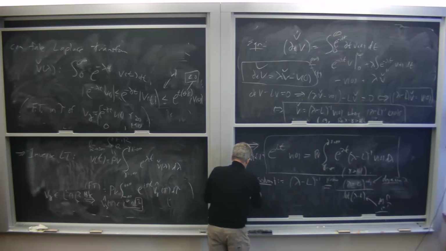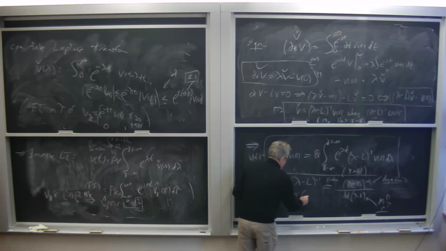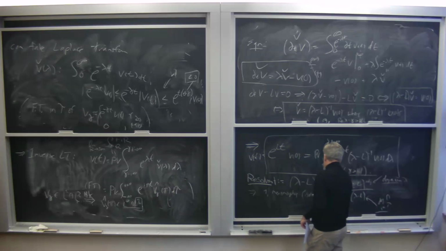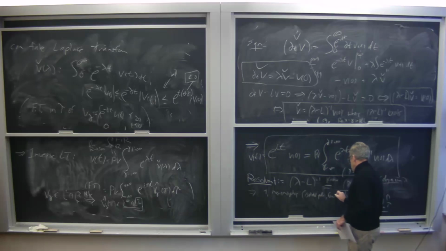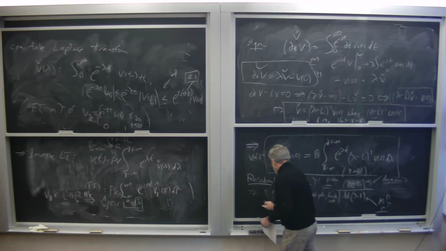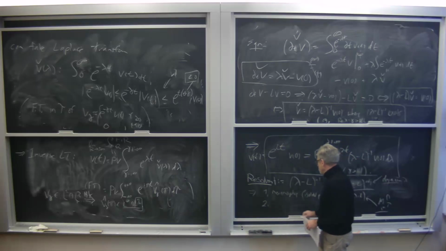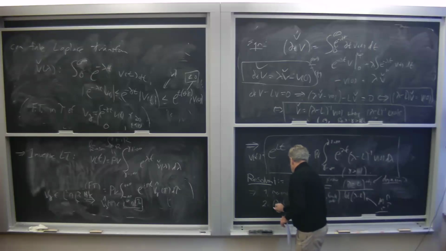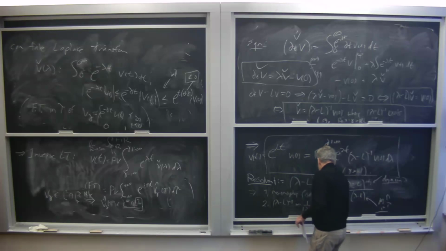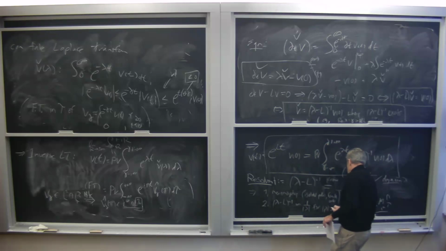Okay, so meromorphic, meaning finite order, discrete poles, isolated poles of finite order is the definition I have in mind, and it behaves like 1 over lambda for large lambda.